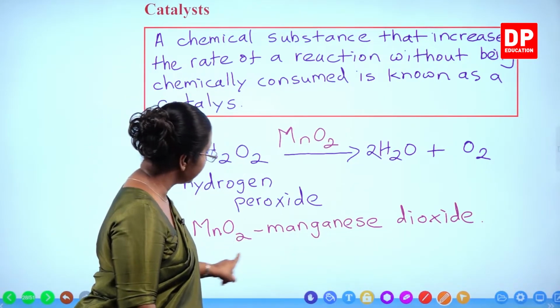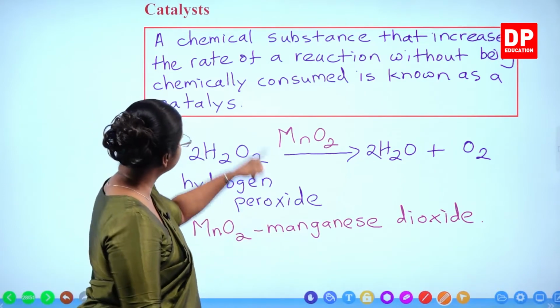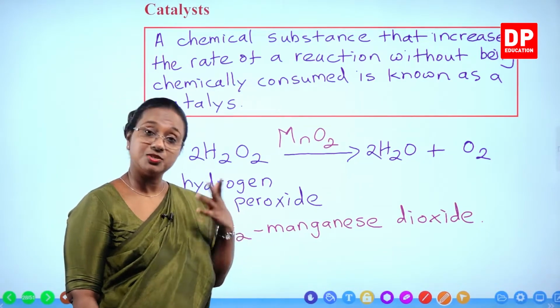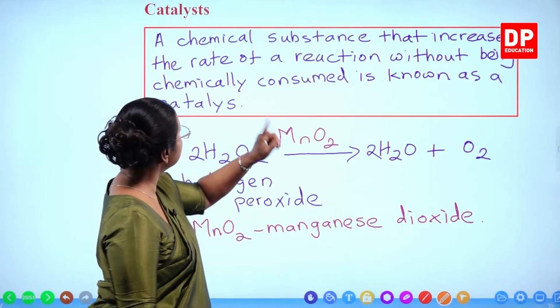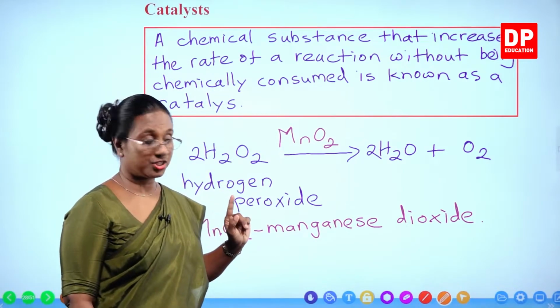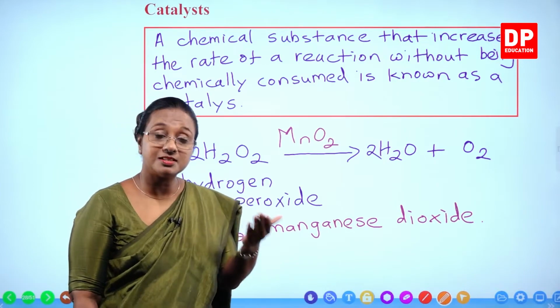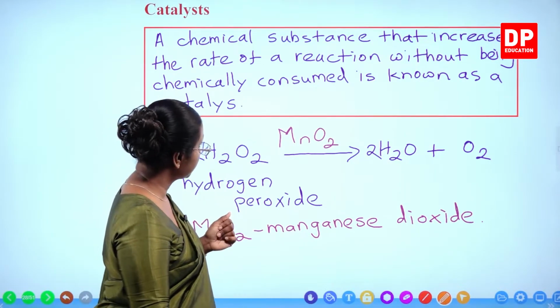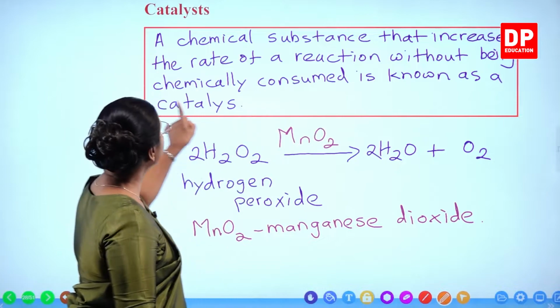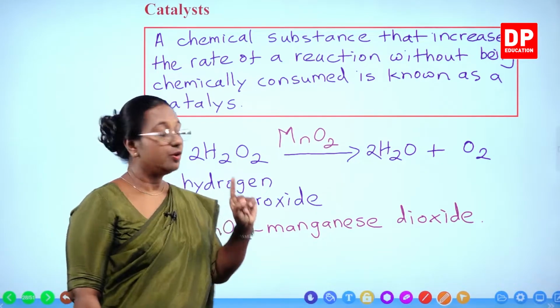So, we said it is a chemical substance that increases the rate of this reaction, increases the rate of evolving of oxygen, without being chemically consumed. What is that?